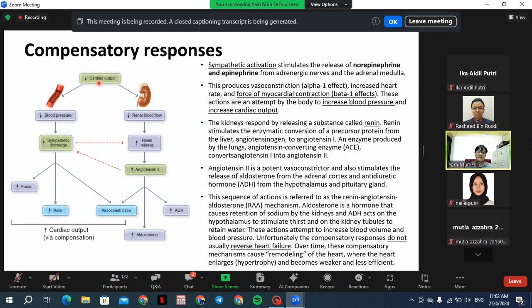Because the body thinks that cardiac output has decreased, that you do not have a sufficient amount of blood or water, it absorbs more water to increase the volume of your bloodstream. So this antidiuretic hormone increases the absorption of water and sodium as well. Okay, clear.